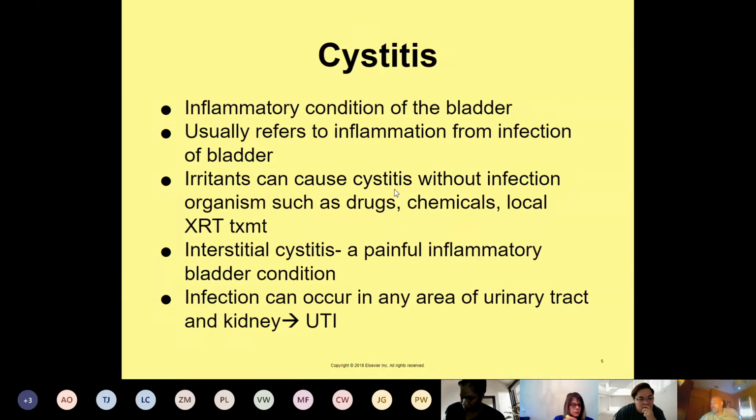Now, an infection can occur in any area of the urinary tract as well as the kidneys, and this is what we refer to as a UTI. When we think about other irritants, as you can see in this slide, there are other irritants that might be implicated in causing UTIs, such as feminine hygiene sprays.